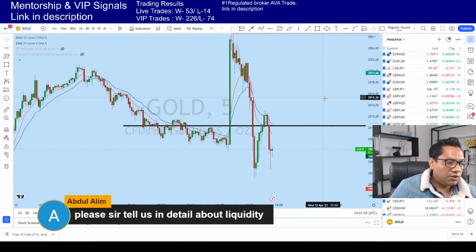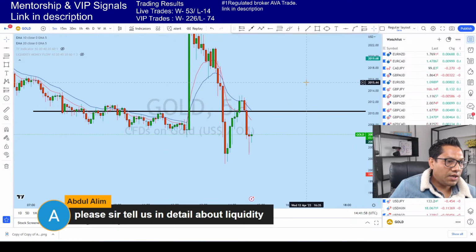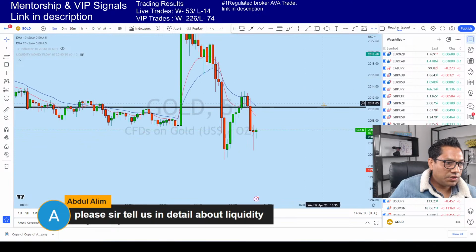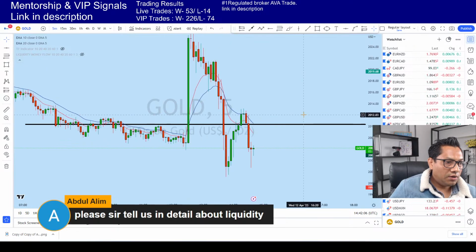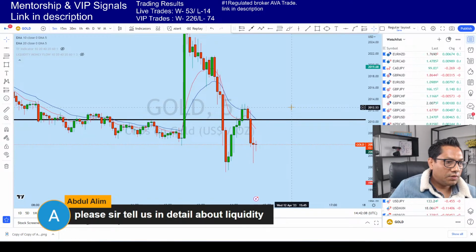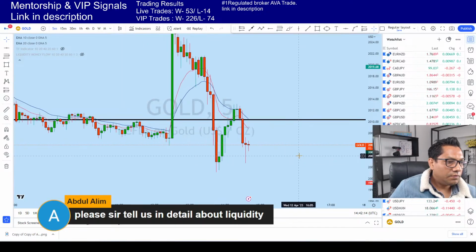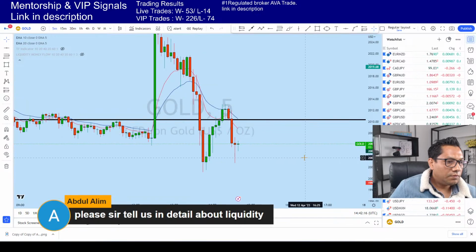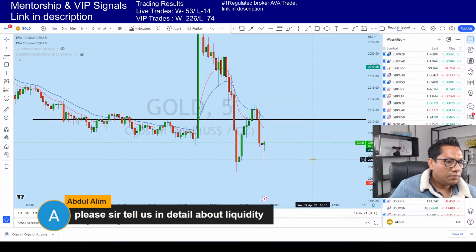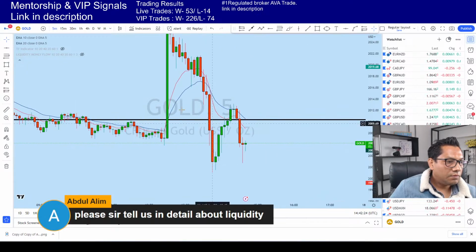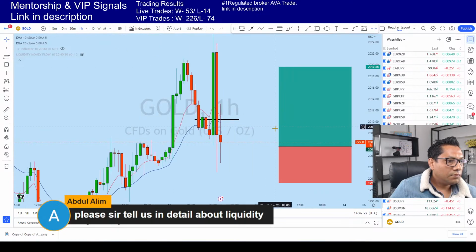Sometimes, more often, especially when there is, let's say, FOMC or an important decision coming, the market does a lot of manipulation to gather liquidity for a big move. So the 1 hour candle is closing in 17 minutes.